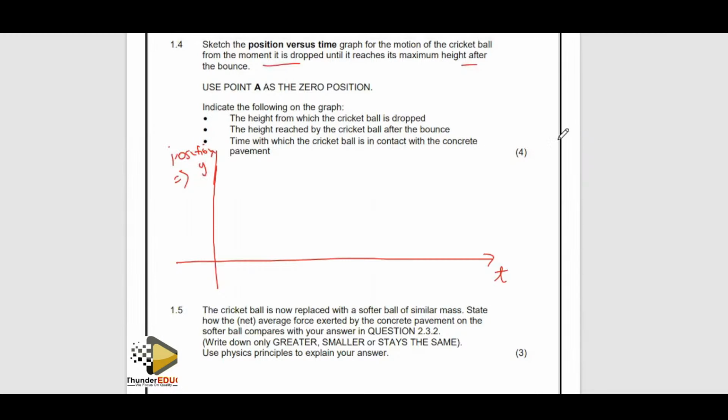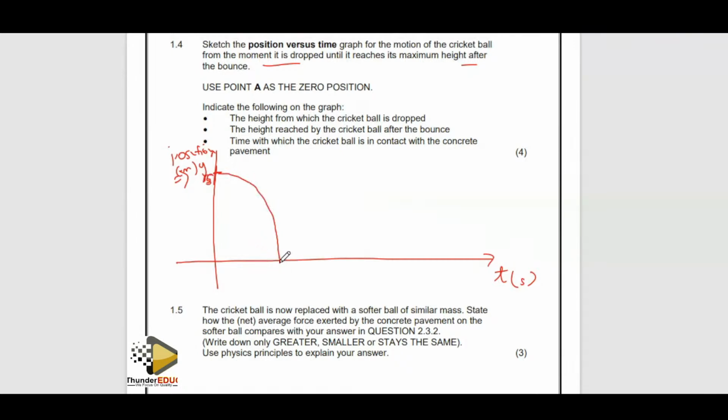The question is, at what height did the object start falling? This position is in meters, this time is in seconds. So the object started falling from a height of 15. Then the object dropped. We don't know the time it took, and we don't even need it at the moment.